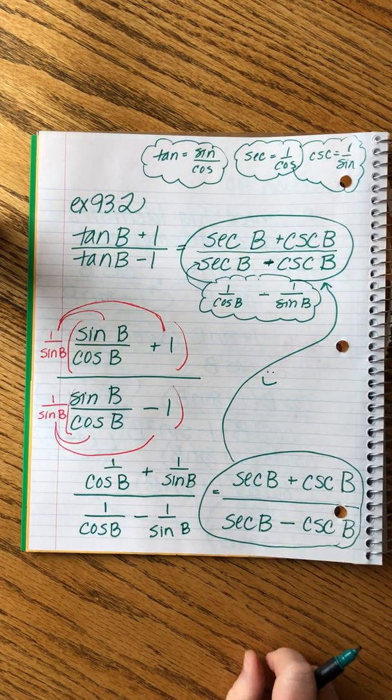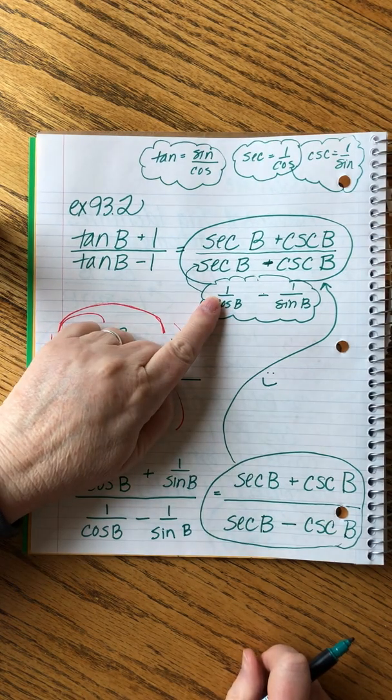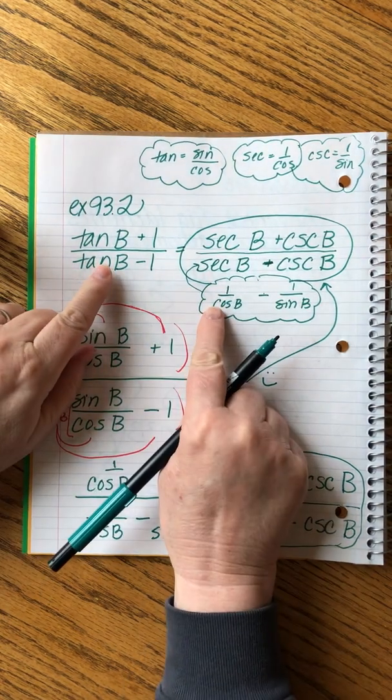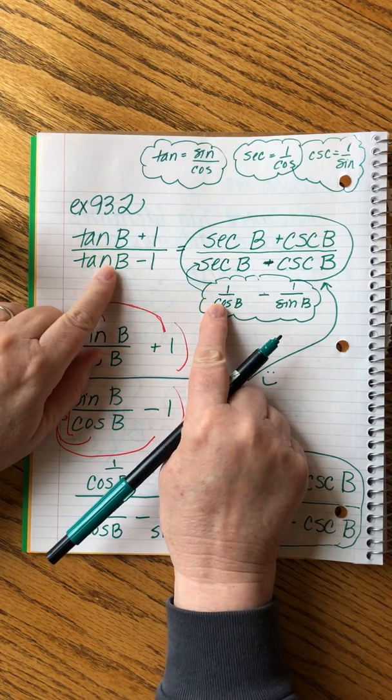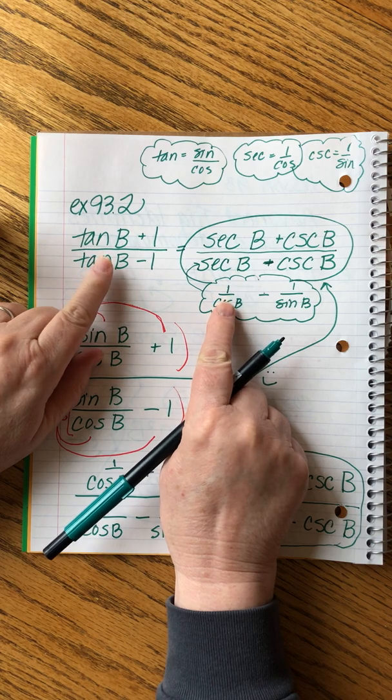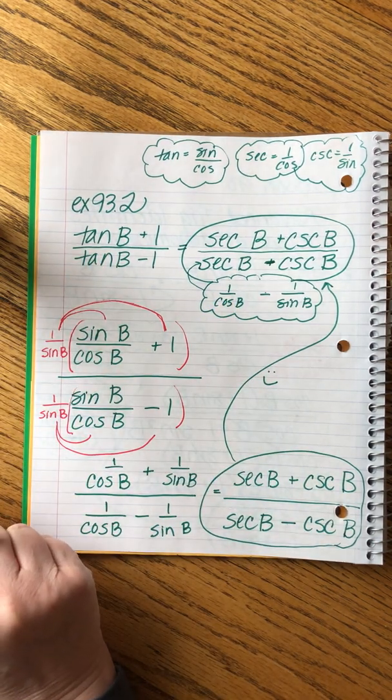Yay. All right, and again, it all came from looking at the denominator and comparing what we have to what we want in the denominator and trying to make changes that would lead us in the right direction.